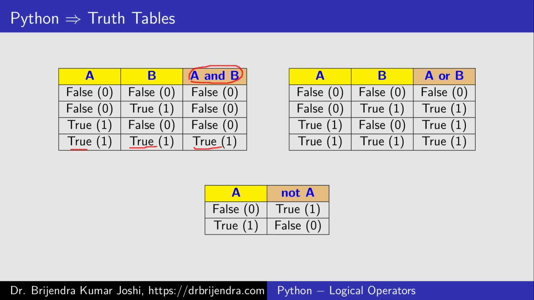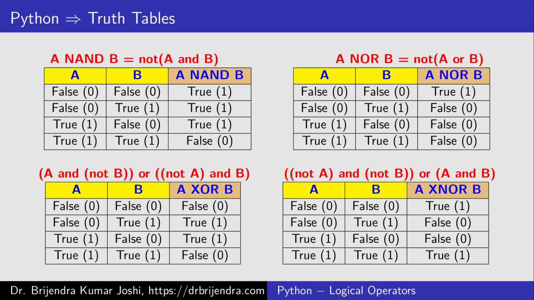On similar lines, A or B would be false if and only if A as well as B both are false. And finally, if A is false, not A is true. If A is true, not A is false.